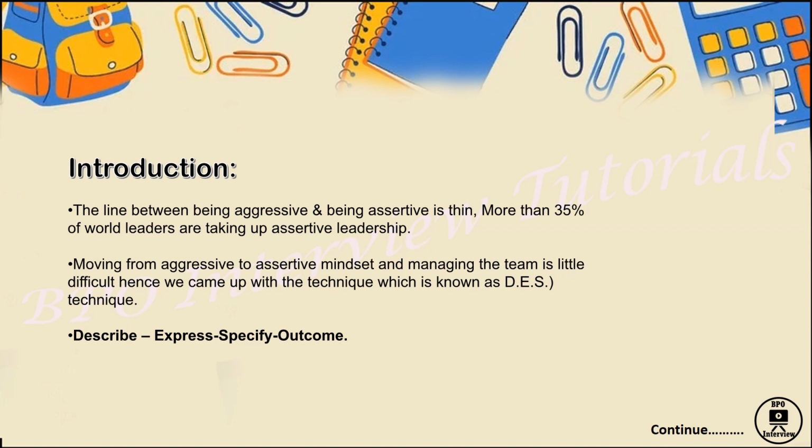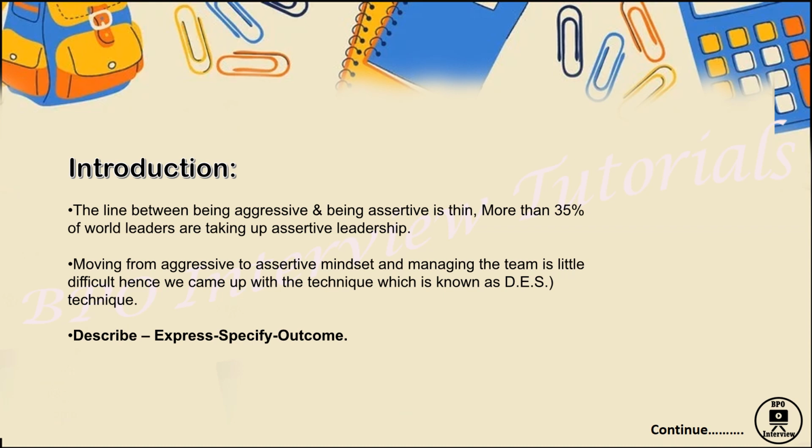This technique helps us understand how aggressive feedback can be converted into assertive feedback, and the associate who is taking the feedback will get the knowledge and understand the thing very clearly. This is not only for the associate level.